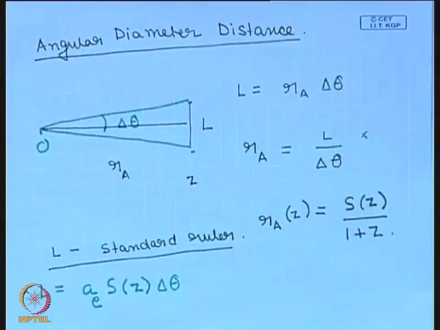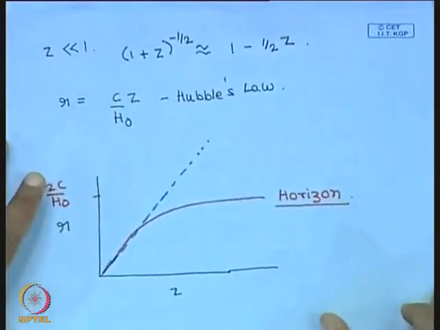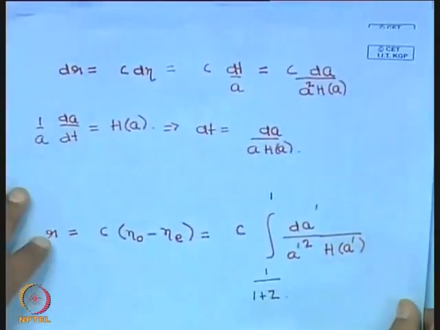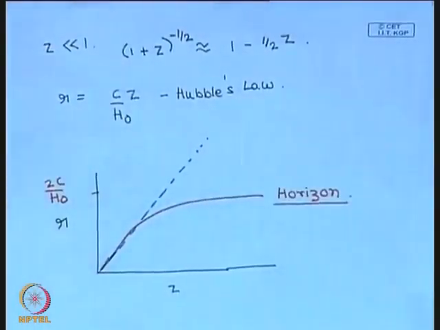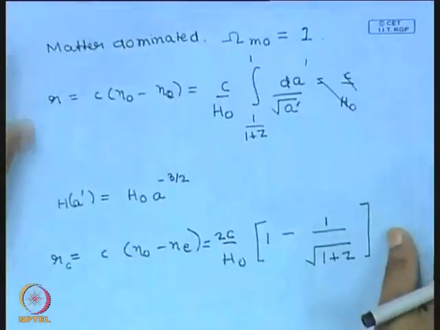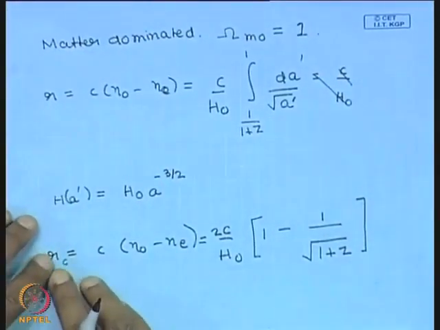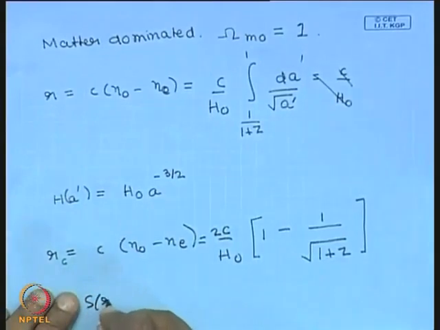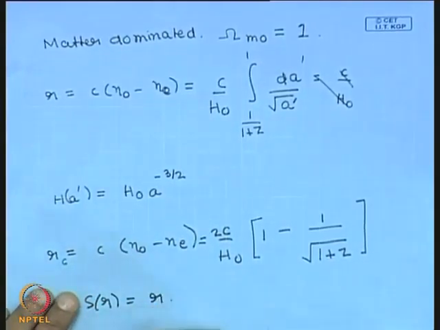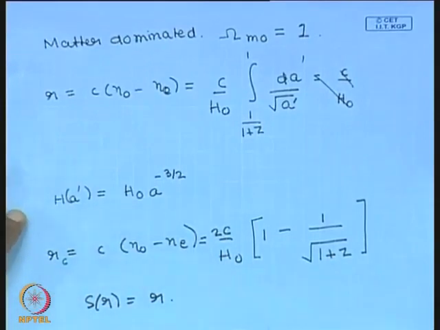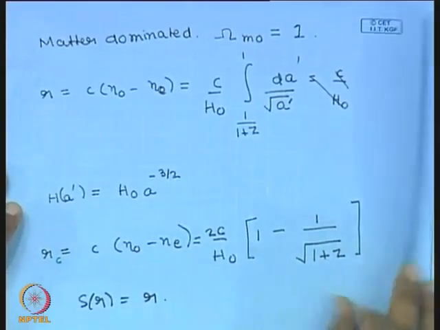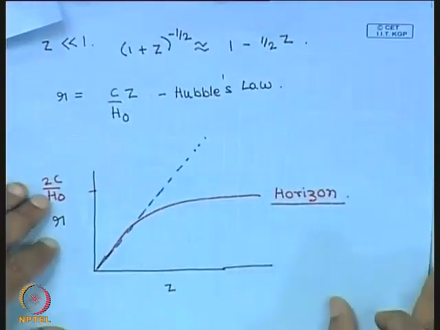Let us now look at the cosmological model that we are discussing. We are discussing a spatially flat cosmological model, and in this model R is related to redshift in this way, and S of R is exactly equal to R. So let us in this model look at the behavior of the angular diameter distance as a function of redshift.